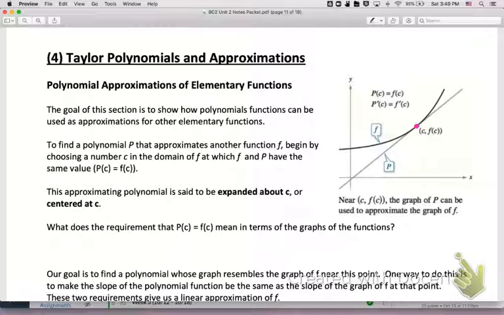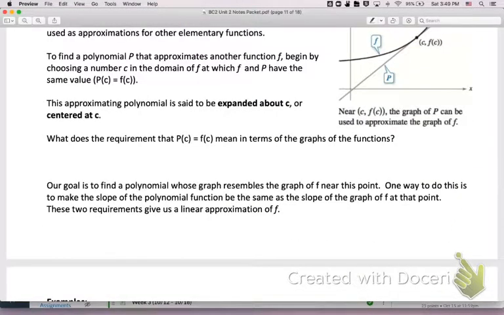Now, our goal is to find a polynomial whose graph resembles the graph of f near this point. Here's what's interesting about these. It's not going to match everywhere, and you may need to use a different polynomial to approximate different areas of the function, but close to this point, it's going to be a pretty decent approximation.